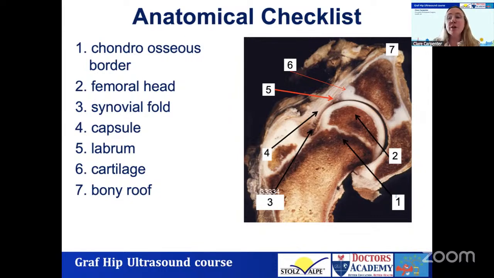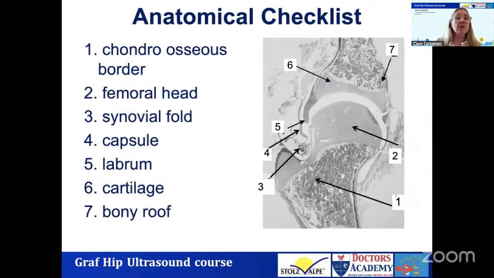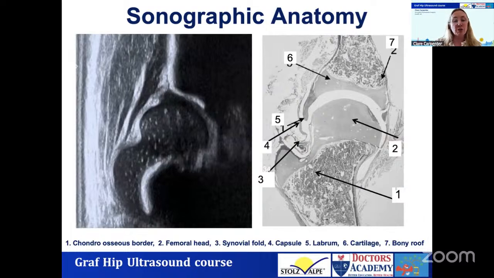The labrum, number 5, which is your triangular fibrocartilaginous structure, as we have said, envelops in a horseshoe structure around your acetabulum, your hyaline cartilage roof, and then your bony acetabular roof. And again, histologically, this also mirrors what we see in gross anatomy. So we'll just go through that.